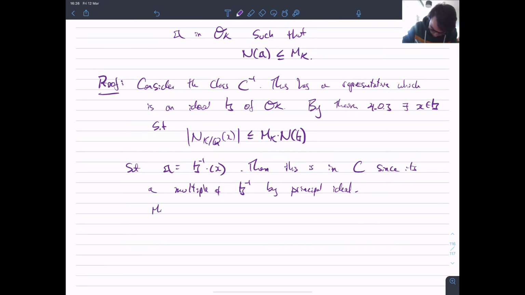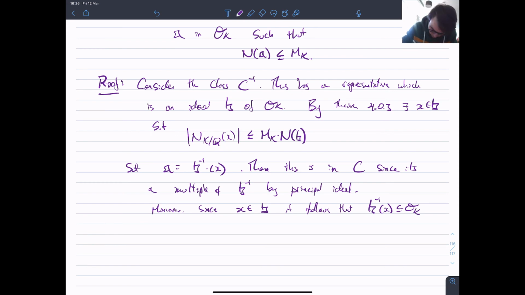Moreover, since the X that I took was an element of B, it follows that B inverse times X is actually in OK.